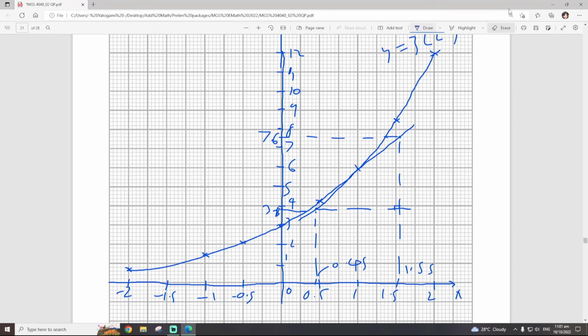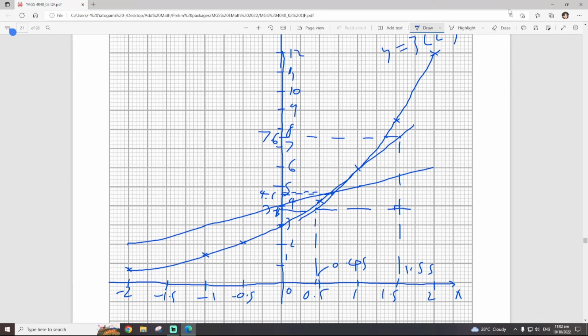I have my lovely Microsoft whiteboard, I can do this so much easier. Okay, but you can kind of see that the intersection is somewhere here, and that's going to be slightly above. I'm going to say that it's just below, so I'm going to say that it's 4.6.